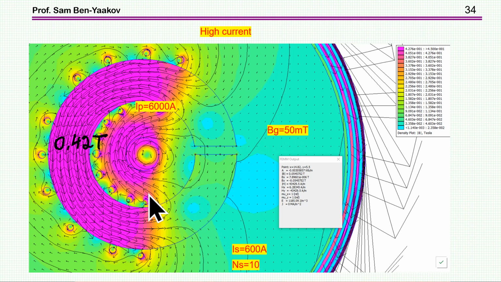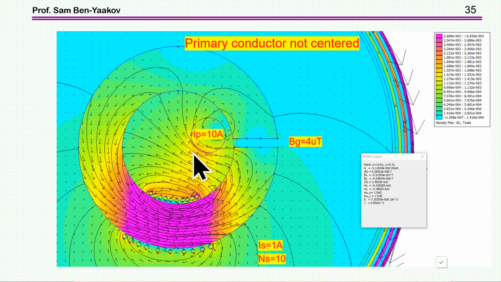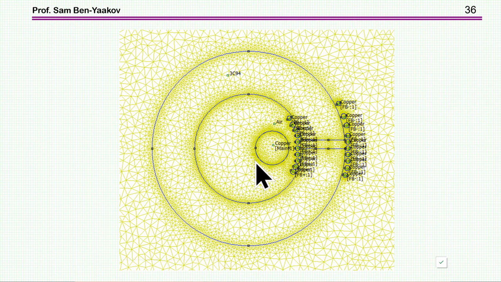Let's go back now to the question of the effect of the position of the center wire, the wire we want to measure the current of, and the secondary winding. So here I have it close to the gap already, and now we're going to do the maximum interference we can.